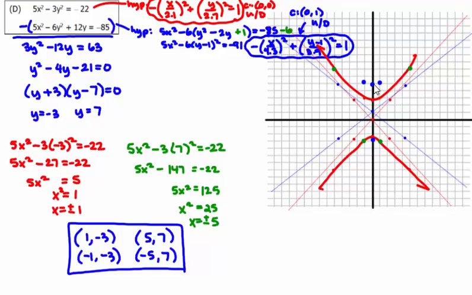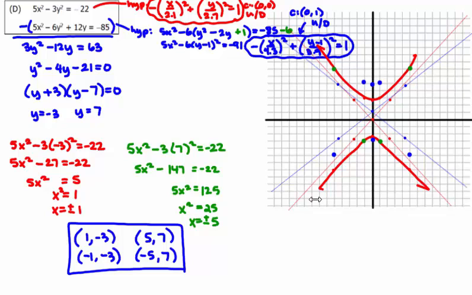Then from this vertex, to get to my next intersection point, I went up to the next integer and then 1, 2, and then right and left 5. Okay, so I'm going to go to my next integer, that's right here, and then 1, 2 more, and then right and left 5. 1, 2, 3, 4, 5, and the other way. So I'm not going from the origin anymore because my center is shifted.